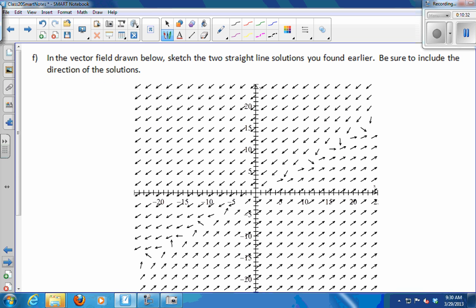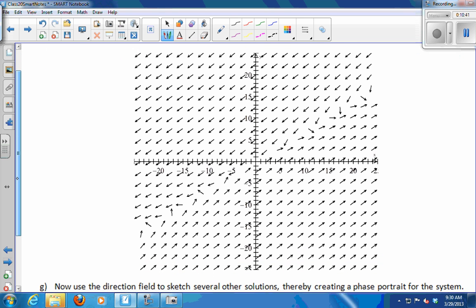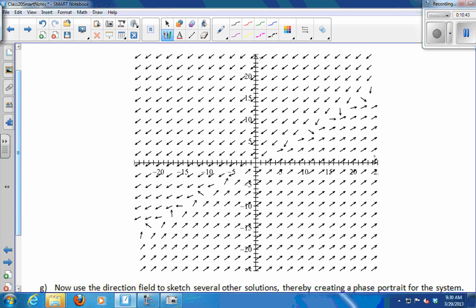All right, so next, we want to sketch the two straight line solutions, which we found equations for. The one associated with lambda equals negative 3 was the line y equals x. So I graph the line y equals x here, because this is just the xy plane.